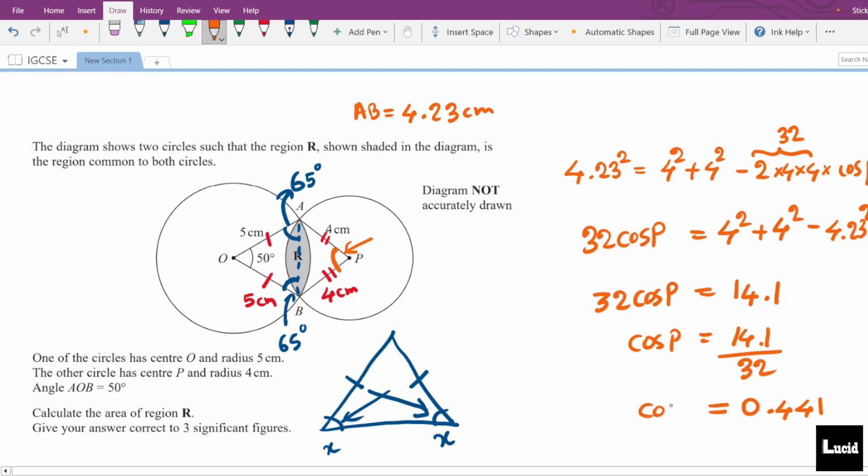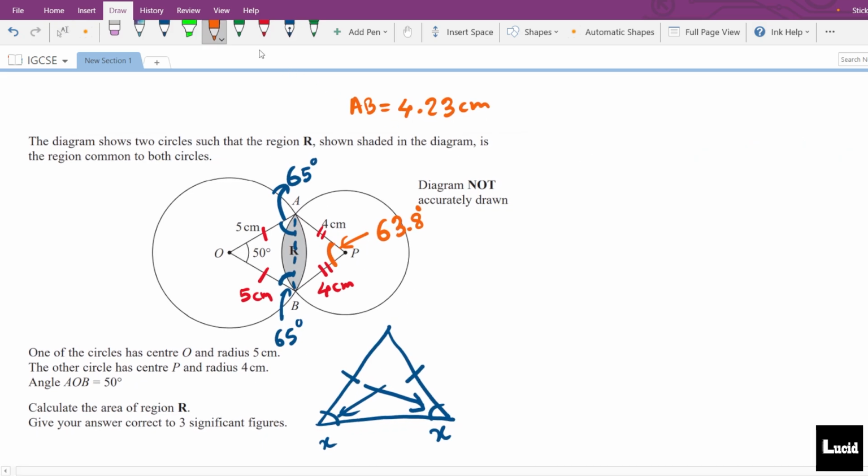Now let's take the cos inverse of both sides, and using the calculator you get 63.8 degrees as the answer. Now we have found all the data that we need.